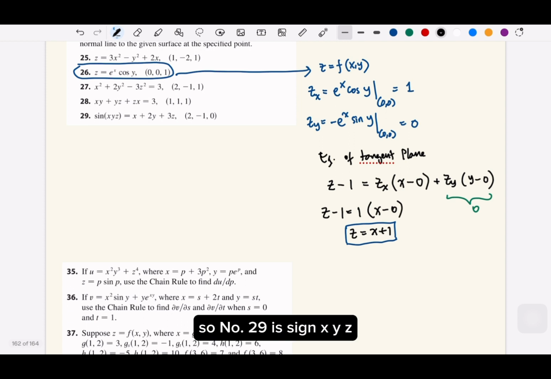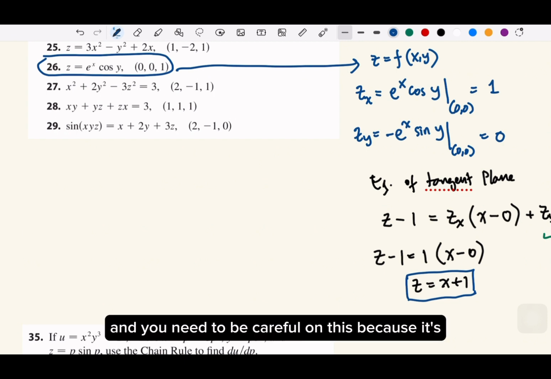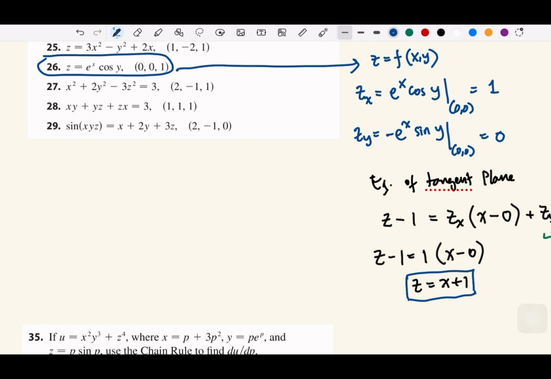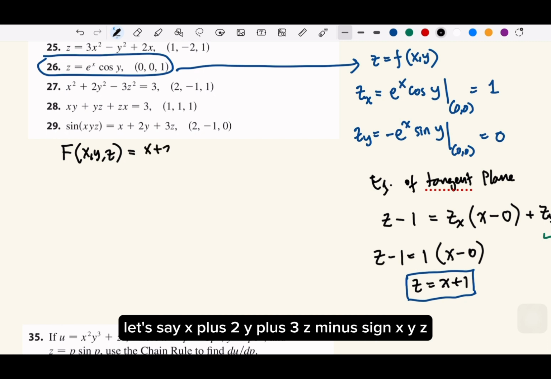Number 29 is sine xyz, and you need to be careful on this, because it's simple but not that simple. We can state capital F of x, y, z and write everything on one side of the equation: x plus 2y plus 3z minus sine xyz.